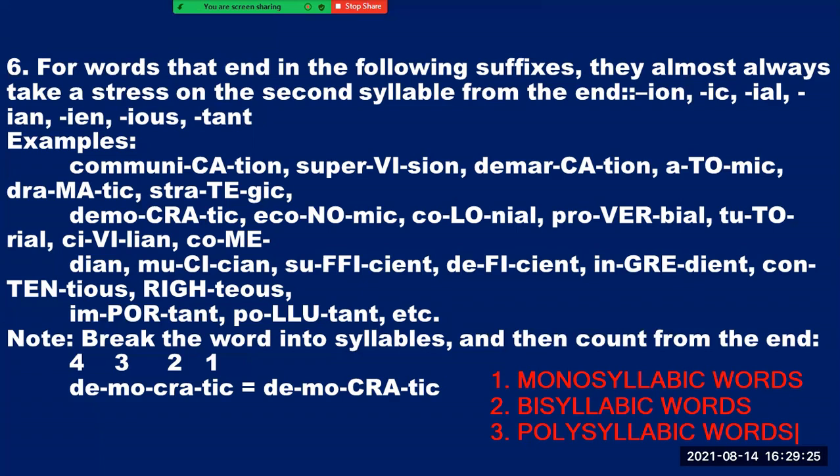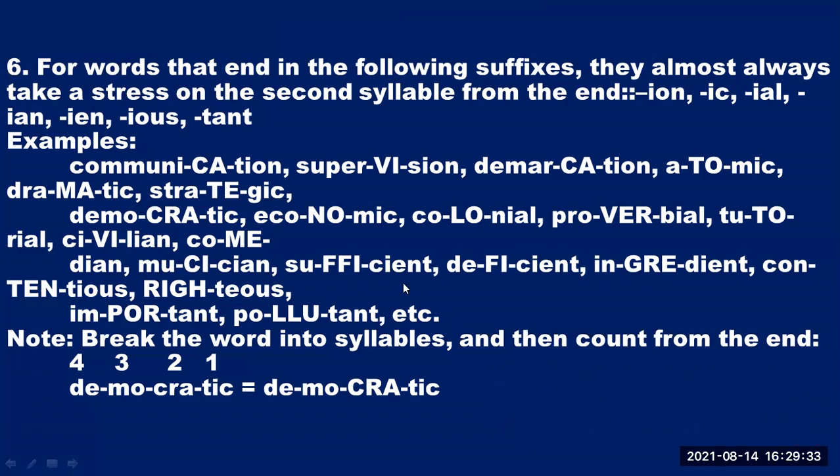In polysyllabic words, stress is determined in most cases by suffixes. I want you to take note of this, and that is why we are talking about suffixes here. For words that end in the following suffixes, they almost always take a stress on the second syllable from the end of the word.